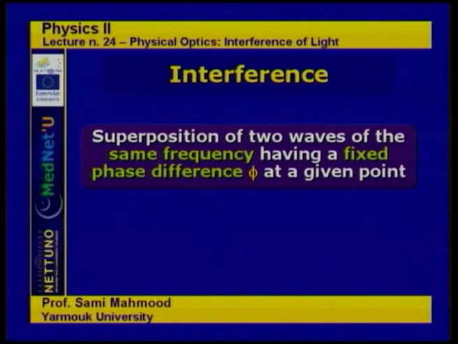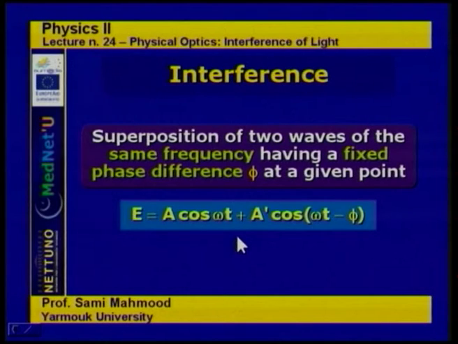We consider the superposition of two waves having the same frequency and fixed phase difference phi at any given point in space. Let's remember that these two waves, which are superposed, have to have a fixed phase relation at a given point in space.